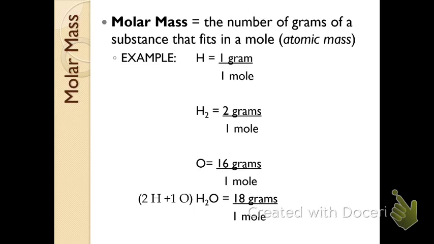Well, if you look at H and O, H has 1 gram, O has 16. The formula for water is H2O. So 2 hydrogens at 1 gram and 1 oxygen at 16 grams is going to give you a total of 18 grams to 1 mole of H2O.